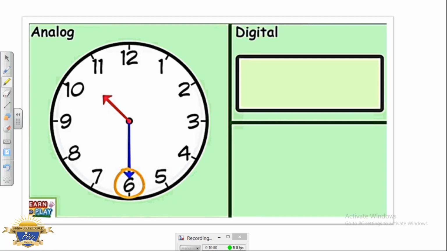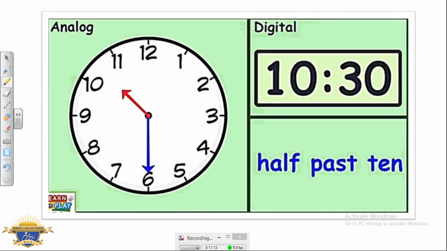And the hours hand is between number 10 and 11. But what number should I write, 10 or 11? I said that when I say past, I will take the small number, right?